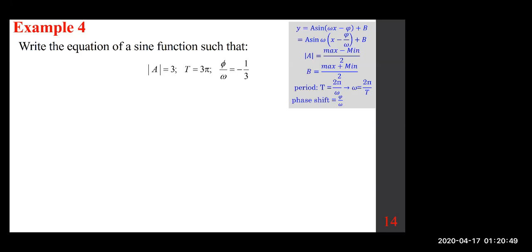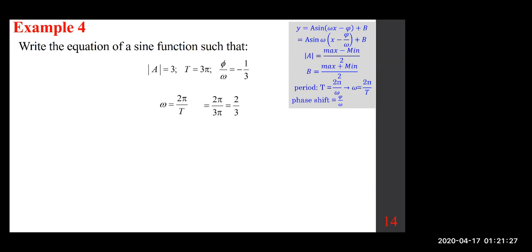We look at the formula. The formula is given at the top, okay? A sine, the second one, A sine omega times x minus phi over omega plus b. So we want to see what we can do here. And so we start writing the formulas, okay? T equals 2 pi over omega, or omega equals 2 pi over T, and it becomes 2/3.